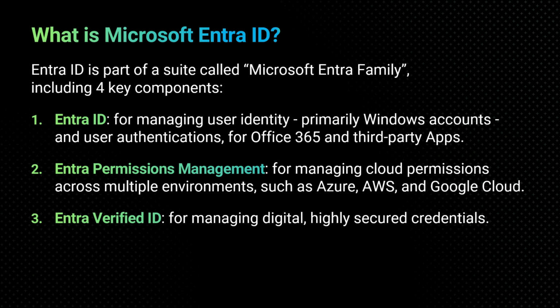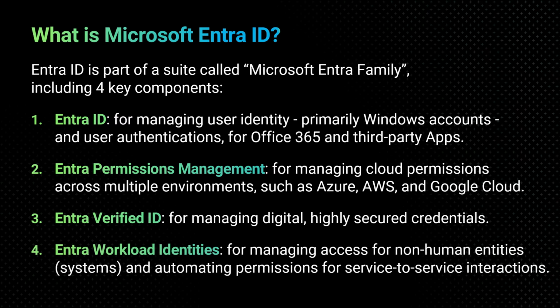For example, that's the kind of solution you can use if you want to sign some document with a high level of security, with a highly secured procedure to verify the ID of the user. And the last one is called Entra Workload Identities. This is for managing access for non-human entities, which means systems, and automating permission for service-to-service interactions. So we're definitely focusing on the first one today.